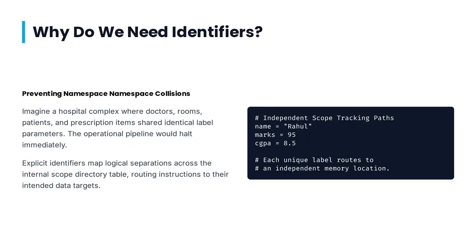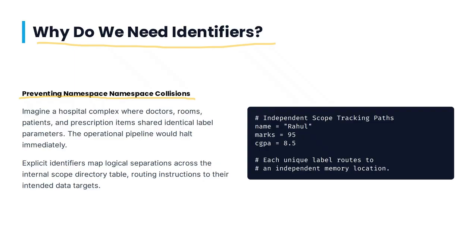Now, why do we need identifiers? Preventing namespace collisions. Imagine a hospital complex where doctors, rooms, patients, and prescription items shared identical label parameters. The operational pipeline would halt immediately.